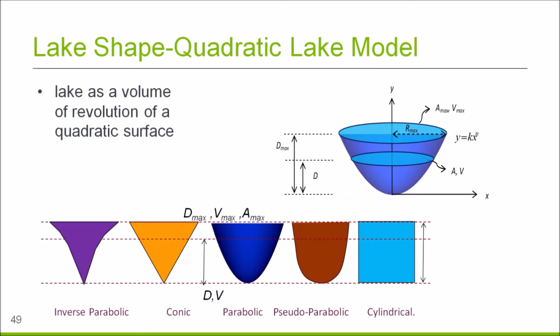Looking at the different shapes of different lakes, we proposed to look at all the variation of lake shape. We start from inverse parabolic and go all the way to flat bottom, cylindrical shape, and we try to approximate lake volume with an equation, varying the exponent to see how it looks for different types of lake shape.